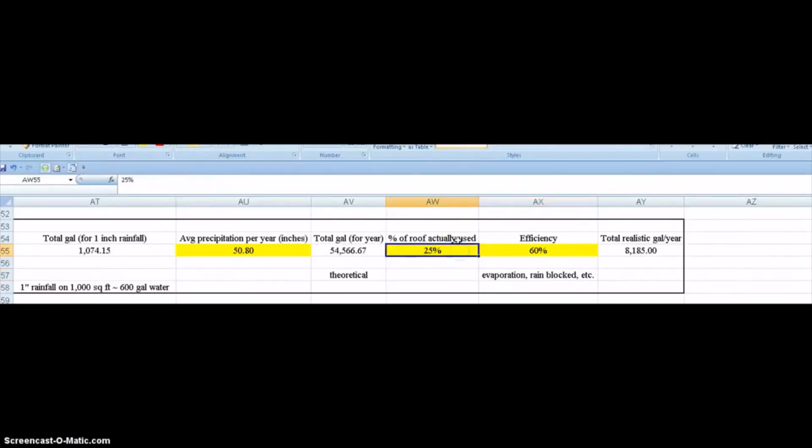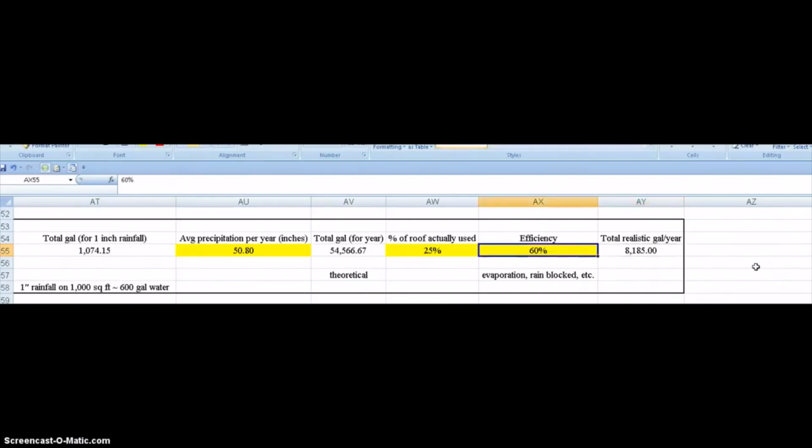These things decrease the total gallons you could get per year, of course. So I say the total realistic gallons per year is simply the total gallons per year multiplied by the percent of roof actually used multiplied by the efficiency. Given my setup, I can expect roughly 8,100 gallons of water per year.